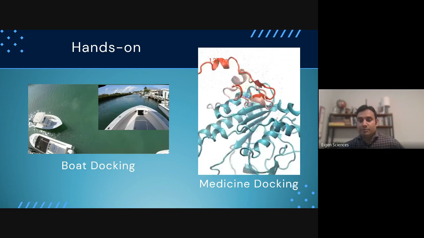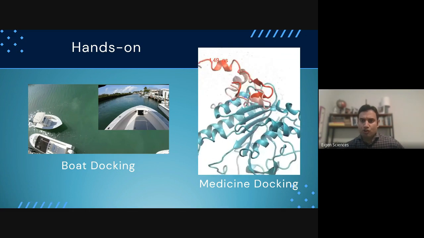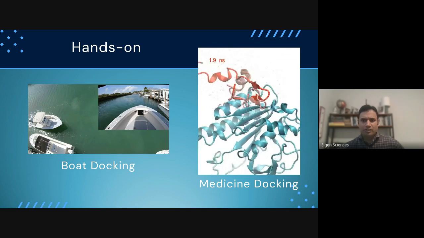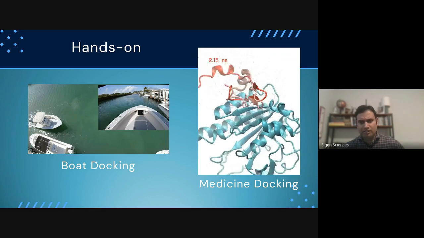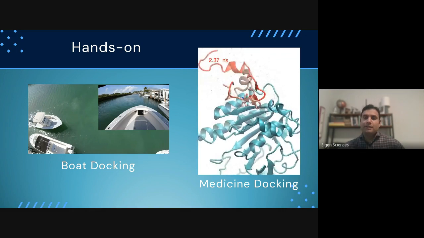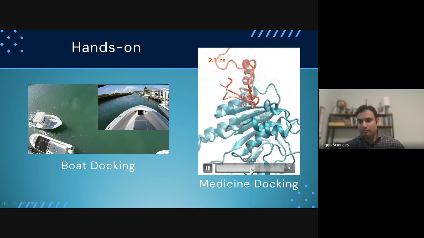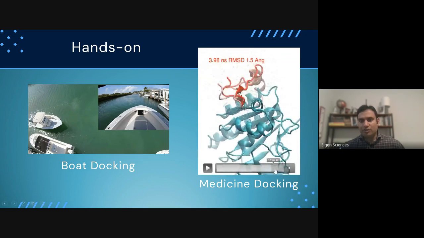The reason it is binding is because it's forming strong interactions with the protein, like hydrogen bonds, hydrophobic interactions, and other interactions like salt bridges. But the important thing is that it is fitting nicely. If I move this video forward, it will sweep nicely and bind together. It's kind of like connecting two Legos together.